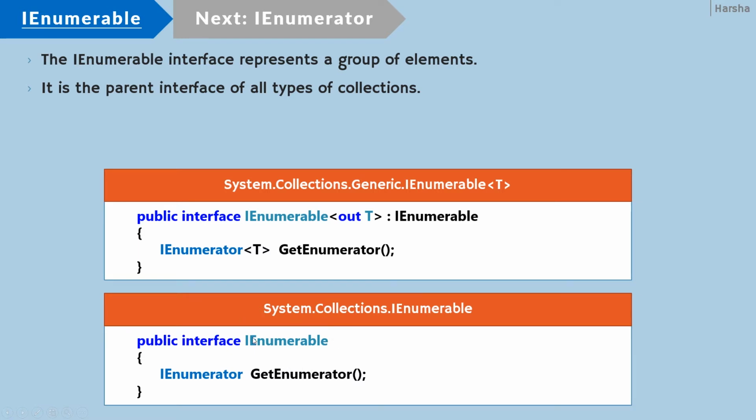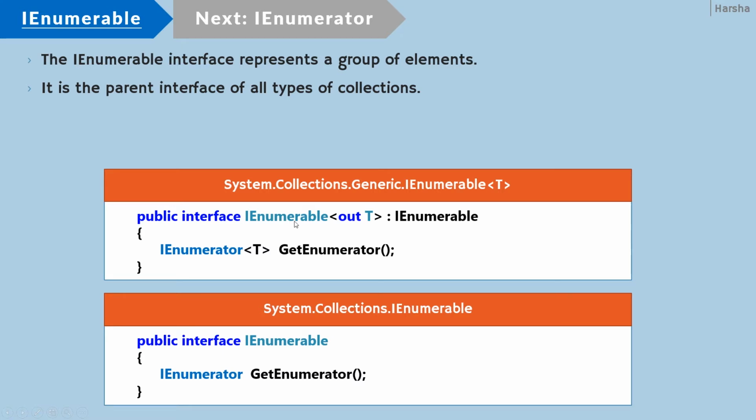That means System.Collections.Generic.IEnumerable of T is the child of System.Collections.IEnumerable. In other words, the generic IEnumerable is the child of the non-generic IEnumerable.